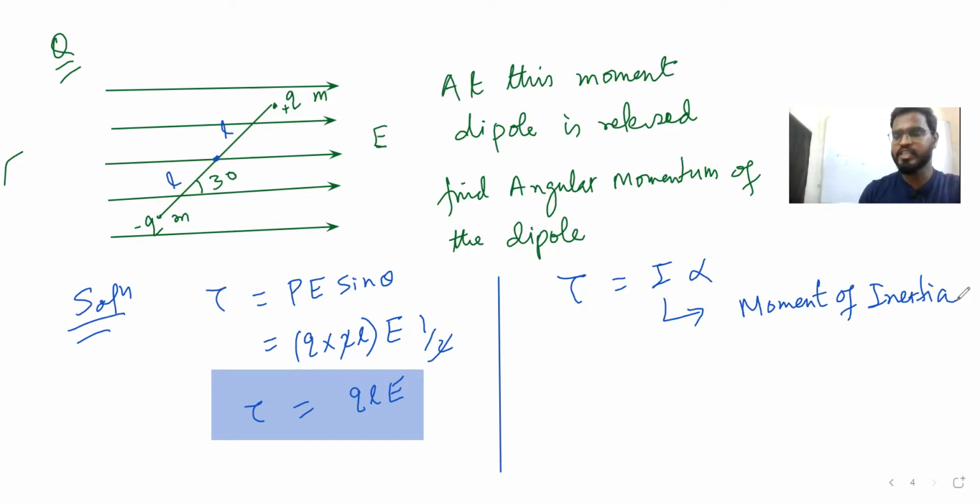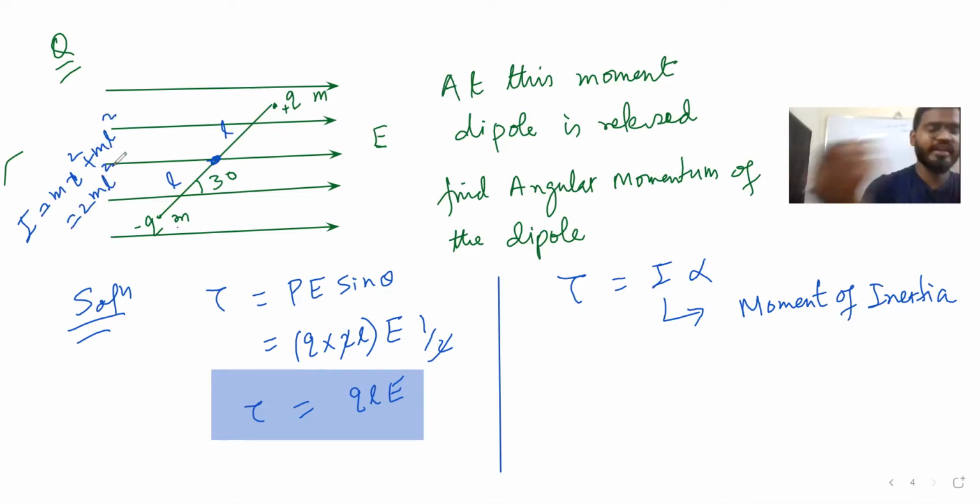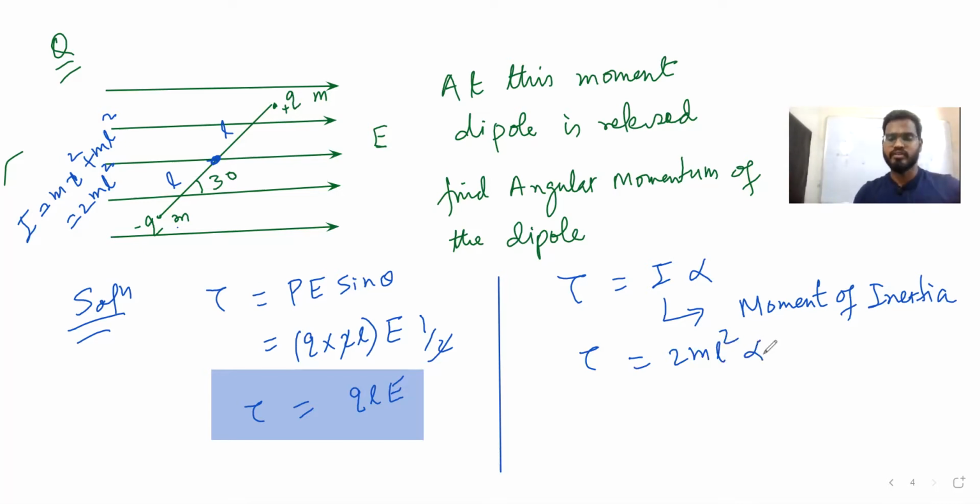Moment of inertia is mr square. If you see from the center of mass, I is equal to half ml square plus again half ml square. So 2ml square. So torque is equal to 2ml square alpha, that we found.